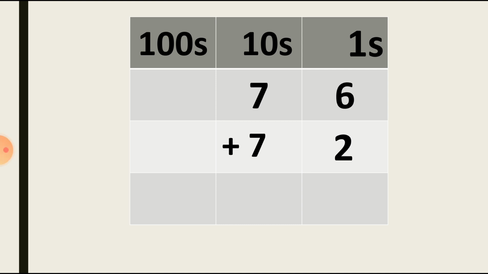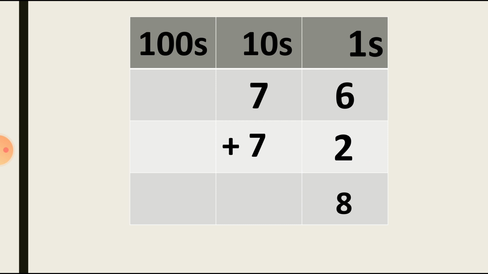Here is one more sum, students. Let's see the ones column first. Here is 6 plus 2 at the ones column. So students, 6 plus 2 is equal to 8. So we can write down number 8 under the ones column. Now let's move to the tens column. So here in the tens column there are 7 plus 7.